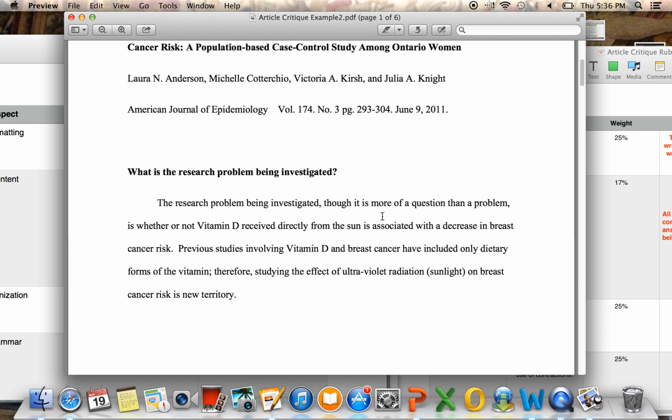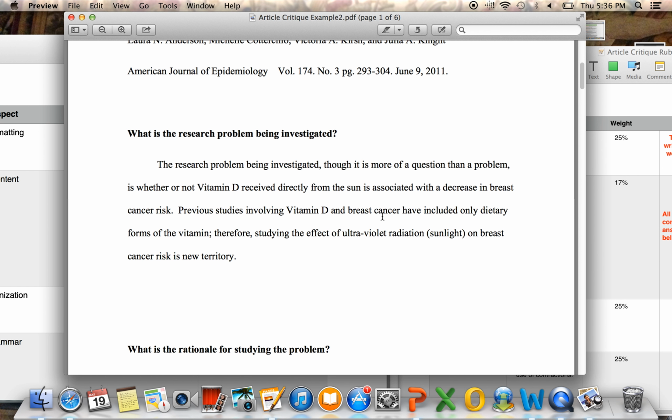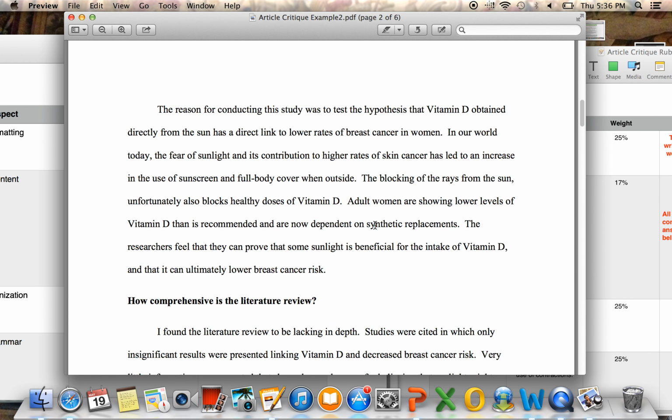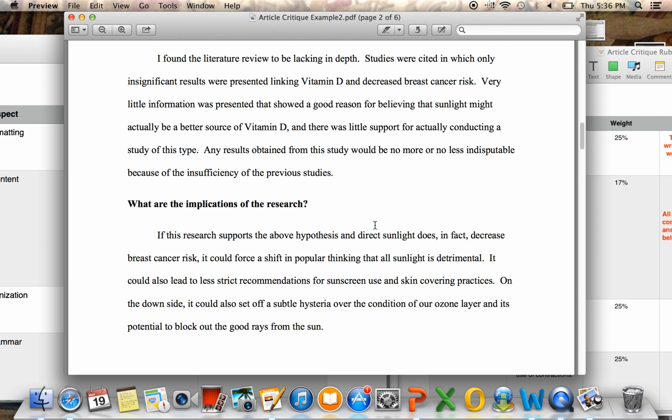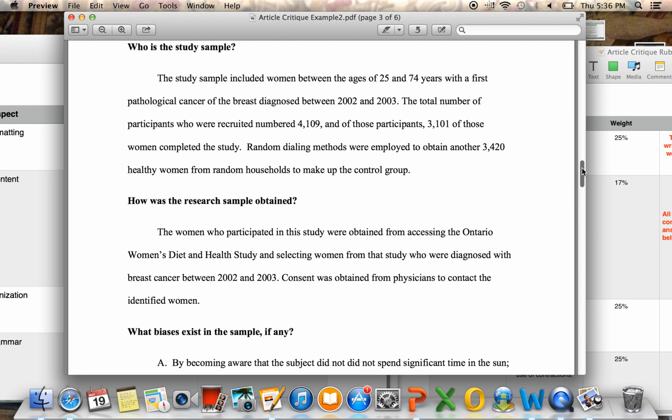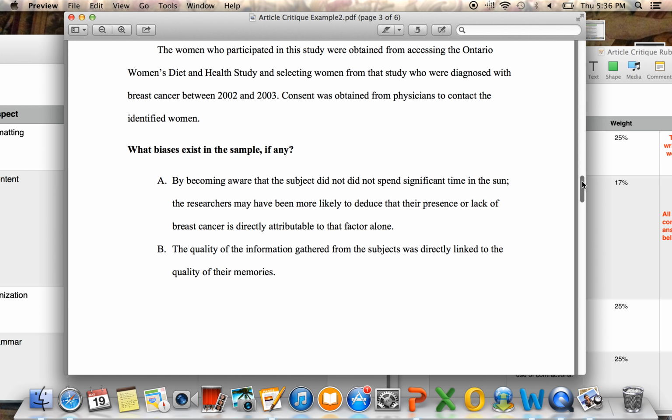You can see she started out with the whole reference, and then went on with a nice paragraph, 2, 3, 4 sentences for each one of these questions. That's what I'm looking for. No one word answers, no one sentence answers, please. Please be thorough. You're basically describing or dissecting and describing this research article.